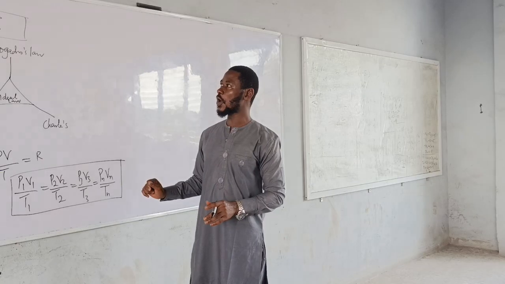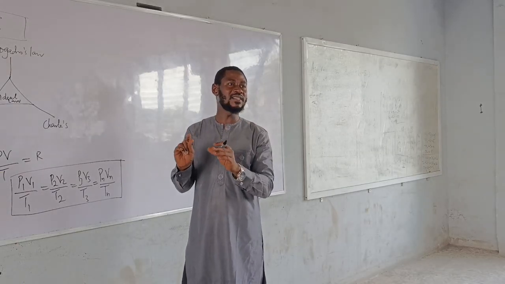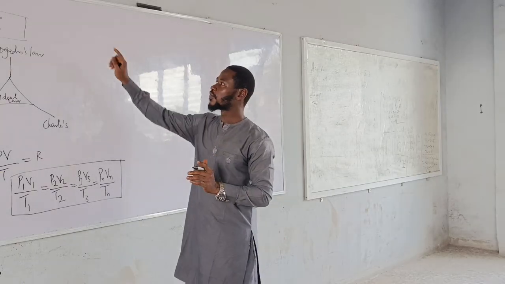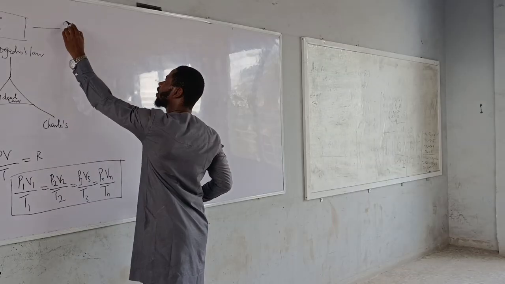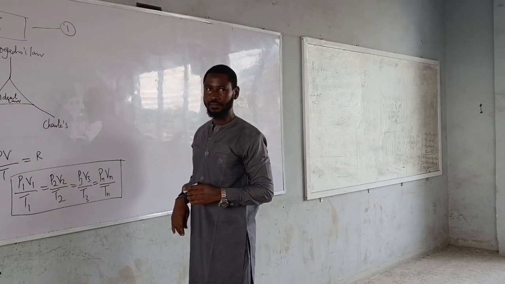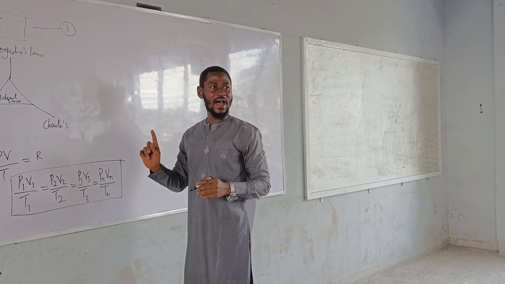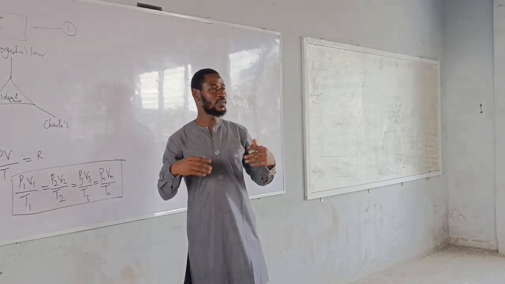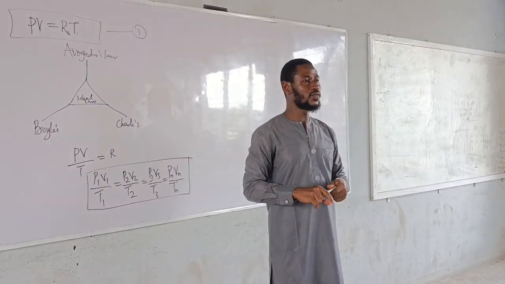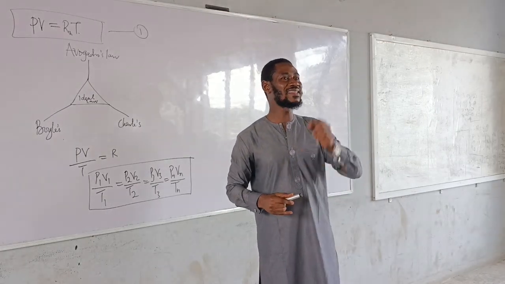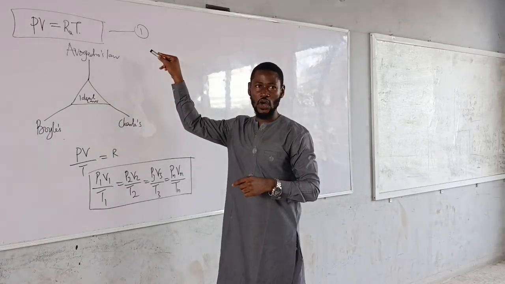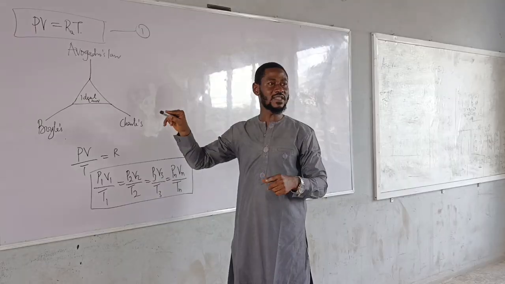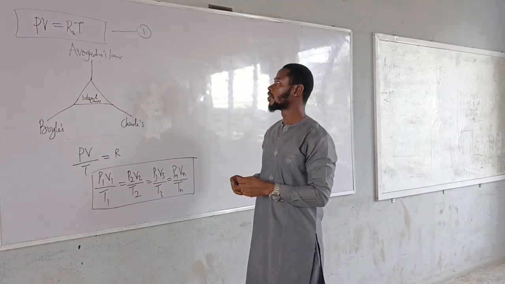Then going back to Boyle's law, when the temperature is held constant in the ideal gas equation, which is equation 1, we get another expression known as Boyle's law. And don't forget the way Boyle's law is stated: the volume of a given mass of gas at a constant temperature is inversely proportional to the pressure.